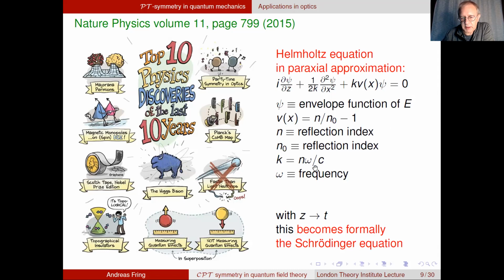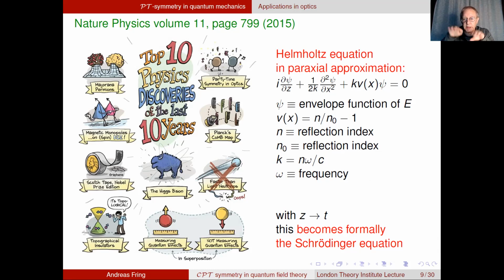Yeah, and here is the explanation of what all these properties mean. And formally, if you look at this equation, it just becomes the time-dependent Schrödinger equation, if we interpret z, which in the optics context is a dimension, as time. So this has led to an avalanche of experiments and lots of discoveries. People can realize this in waveguides.